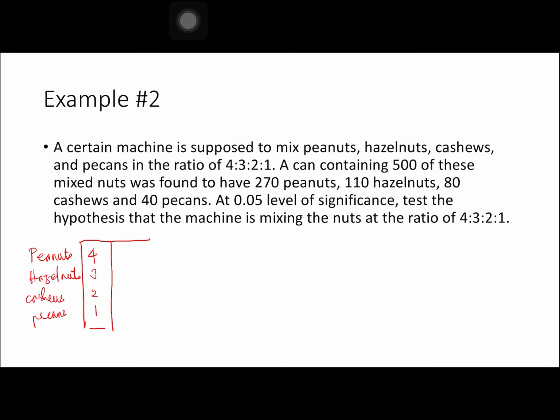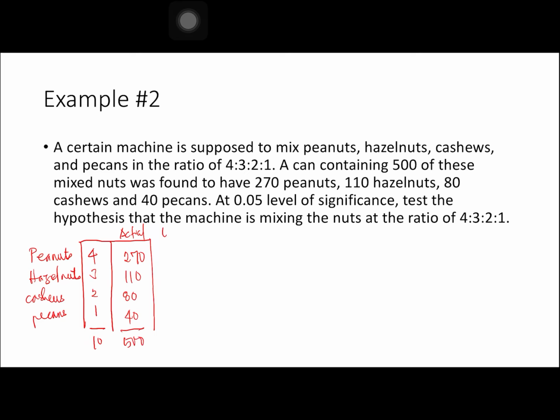The total is 10. For our actual or the observed, we have there 270, 110 hazelnuts, 80 cashews, and 40 pecans. So this is 500.